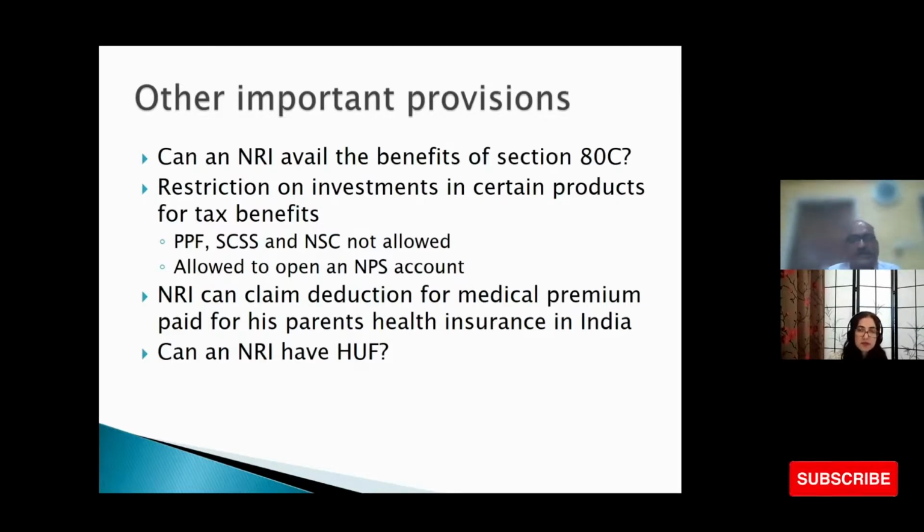One more question which bothers non-residents, especially those who are Hindu, is whether they can have an HUF or not. What does HUF stand for? Hindu Undivided Family.